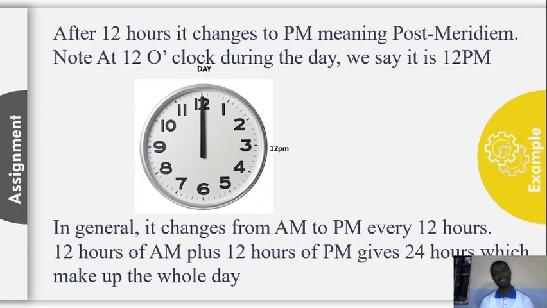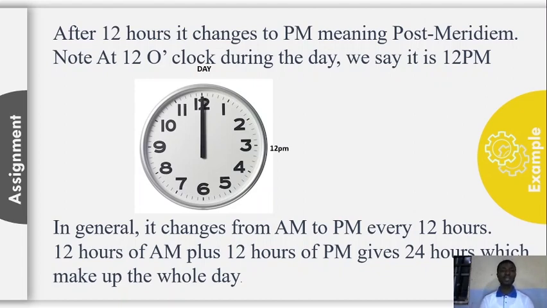What did I say? 12 hours of a.m. plus 12 hours of p.m. will give you how many hours? 24 hours. And we already know that 24 hours make one day.